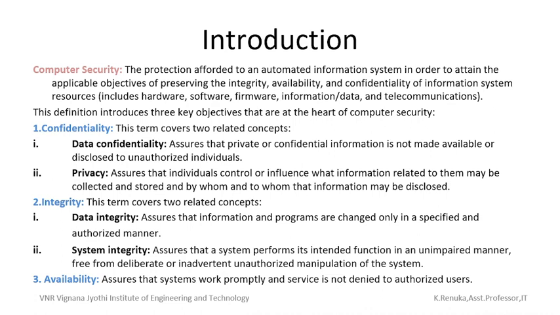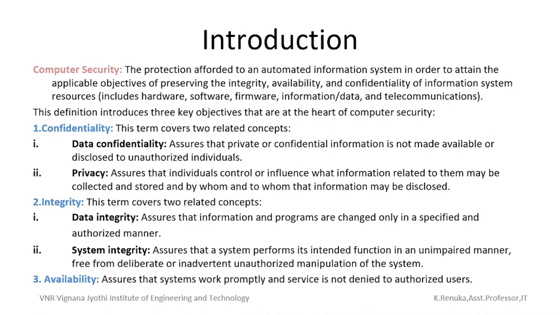Data integrity assures that information and programs are changed only in a specified and authorized manner. System integrity assures that a system performs its intended function in an unimpaired manner, free from deliberate or inadvertent unauthorized manipulation of the system.